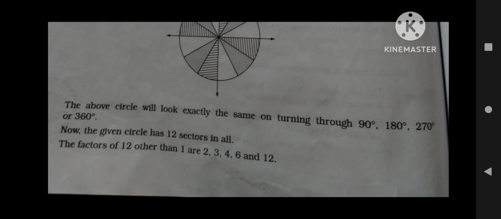Now the given circle has 12 sectors in all. The factors of 12 other than 1 are 2, 3, 4, 6 and 12.